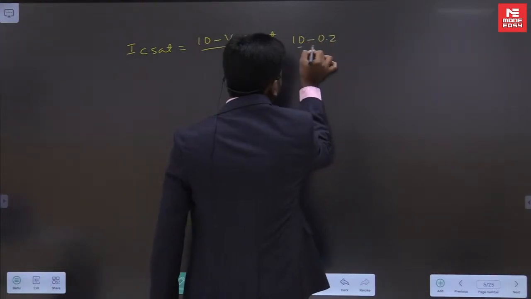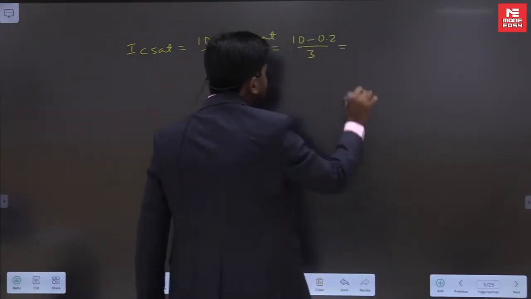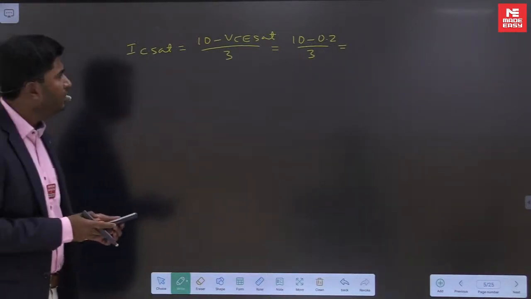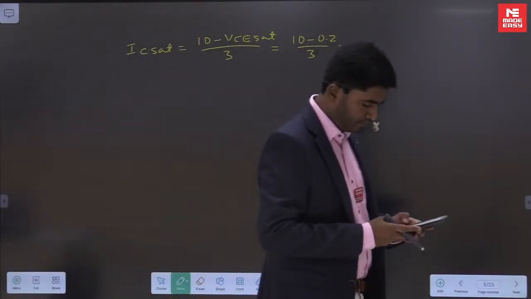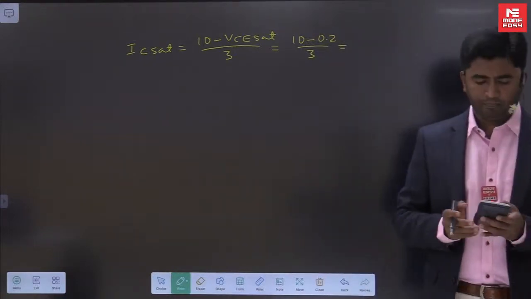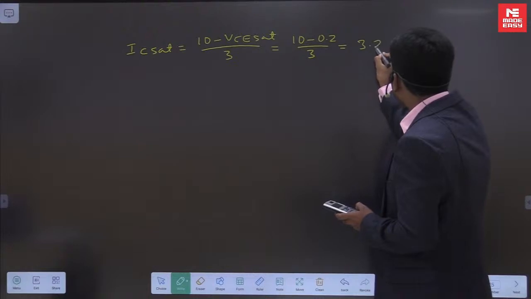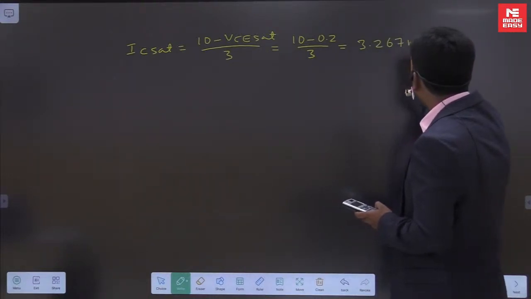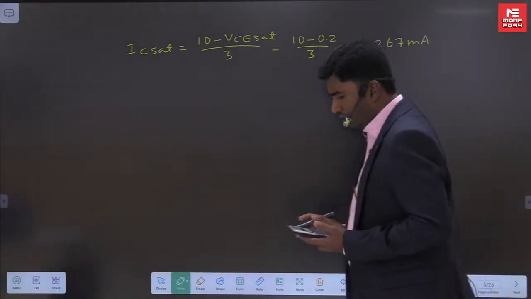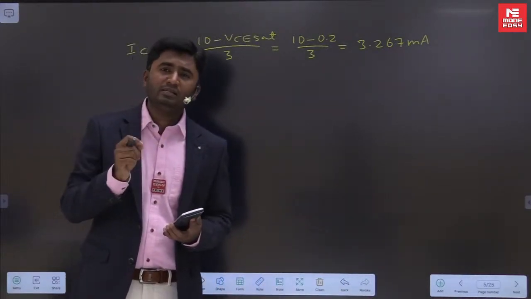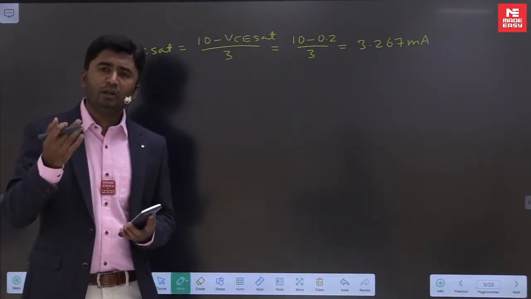So 10 minus 0.2 divided by 3, which is 9.8 divided by 3. It is 3.267 milliampere.